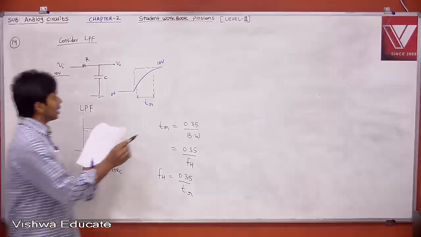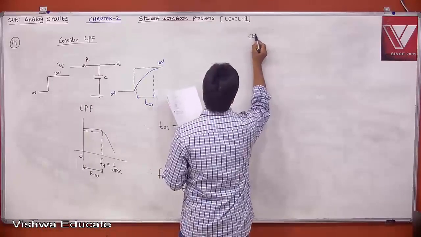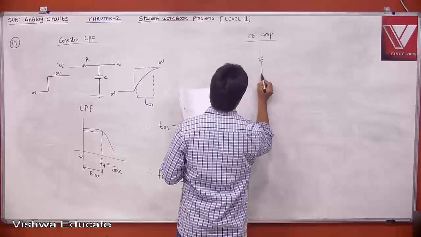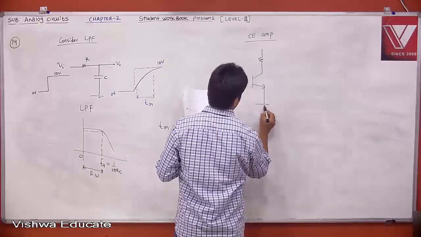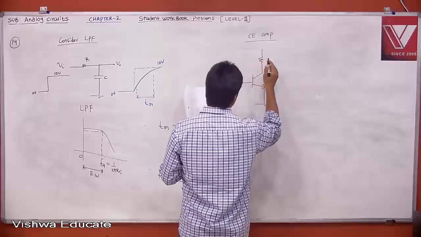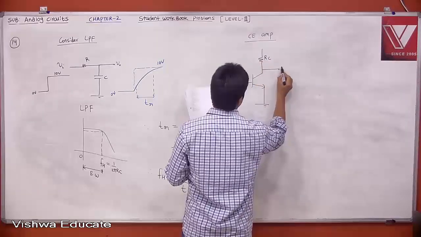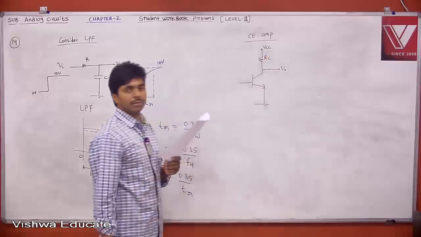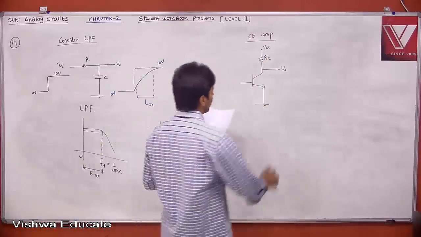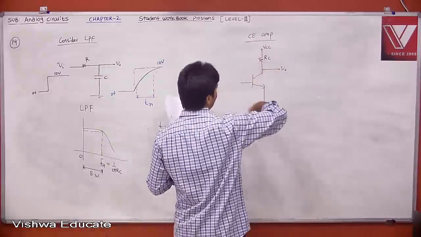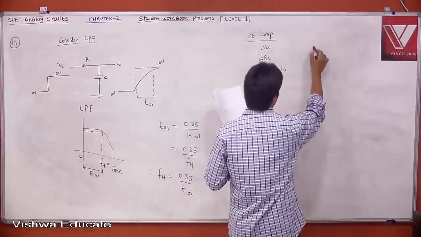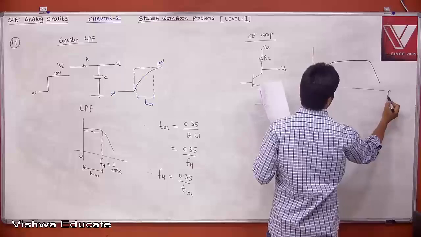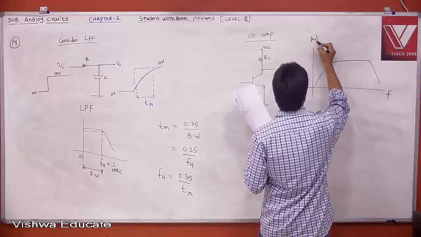Okay. Now, if you consider your common emitter amplifier, this is your RC, this is your V0, and this is your VCC. We have seen, if you take a completely RC coupled CE amplifier, this is your frequency response, and this is your voltage gain.